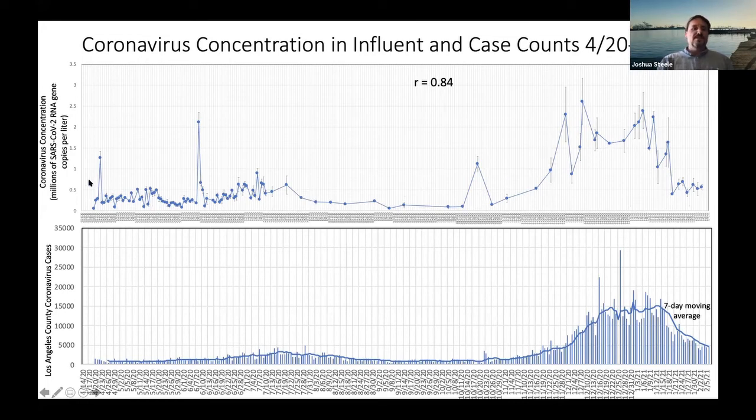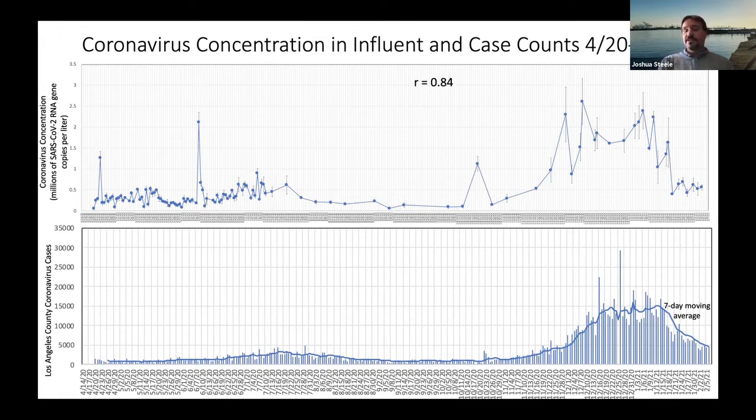So you can see we had the initial summer peak in 2020, and then it went back down to really low numbers. We saw a little spike in here that we picked up in the wastewater. And then as cases climbed up, we also were able to follow that. And we had a remarkably good correlation between the two of 0.84. We were really, really excited about that.